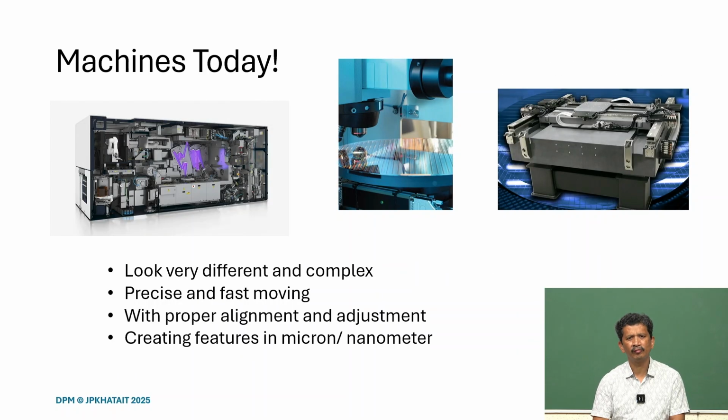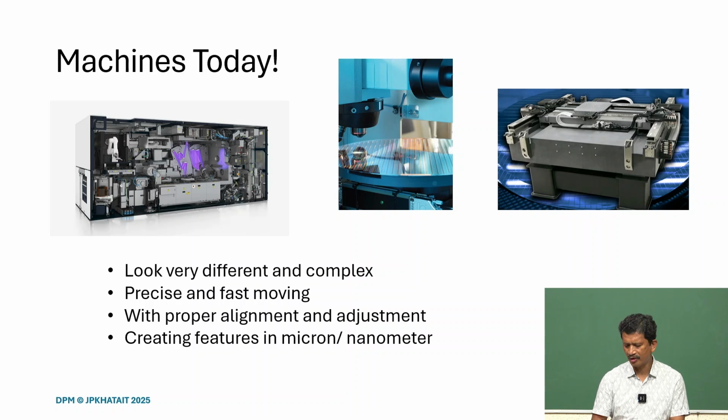At the same time, when we look at the machines today, the systems and instrumentation which enable us to produce these products, they are very complex. They look very different.